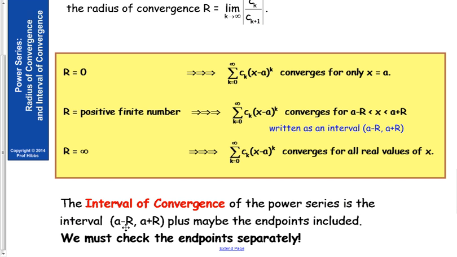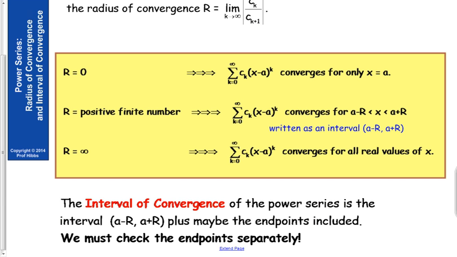But those we have to check separately. So we have to decide whether the series converges for this x value, or if the series converges if we have this x value. And so we need to see how that plays out when we're doing a problem.